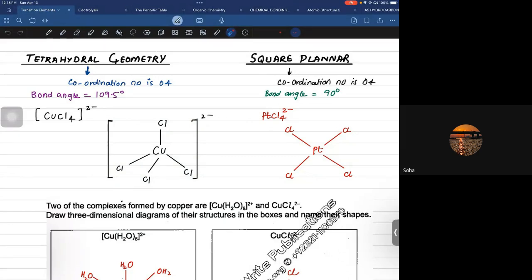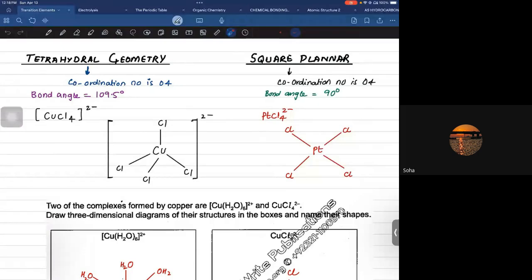And if you can see platinum, platinum would be giving you a square planar complex. And for the square planar, the bond angle would be 90 degrees. This is called cisplatin. We would be using the terms cis and trans later on when we discuss isomerism.